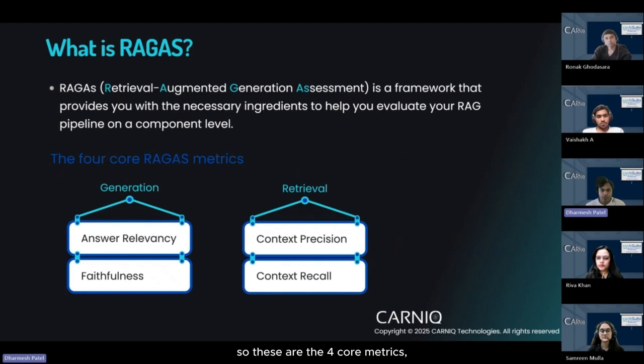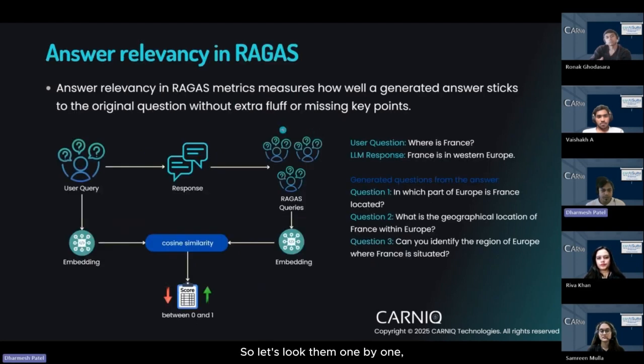These are the four core metrics which the Ragas framework will give as output, and by measuring these, we can actually identify where the actual problem is in our RAG system or application. So let's look at them one by one. First, let's look at the first metric, answer relevancy.